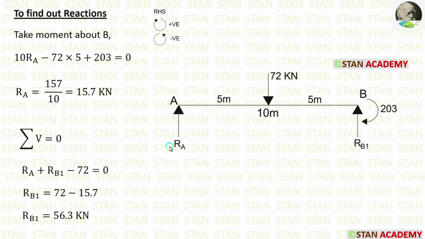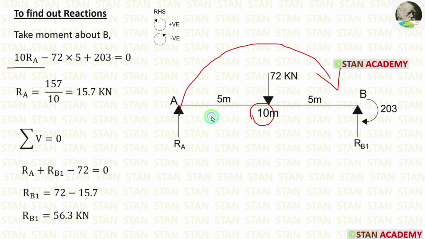In this span, first I am going to calculate the reaction RA. For that, I am going to take moment about B. In this case, I am moving towards the right hand side. Clockwise will be positive and anti-clockwise will be negative. The reaction RA is acting towards the point B in the clockwise direction, so it will be positive and the distance is 10 meter, so 10 RA.